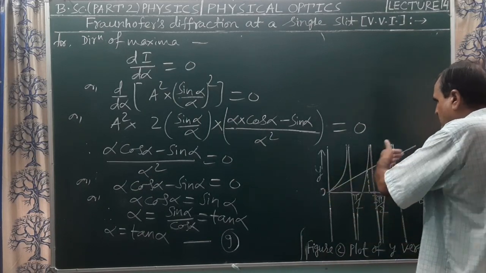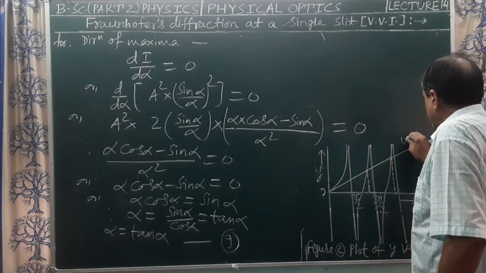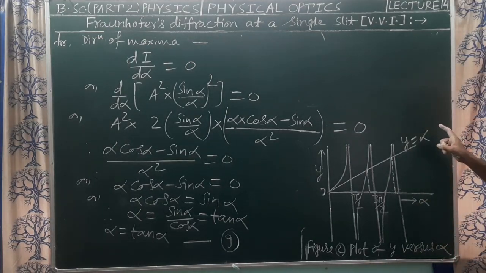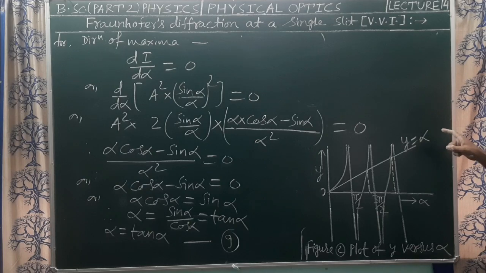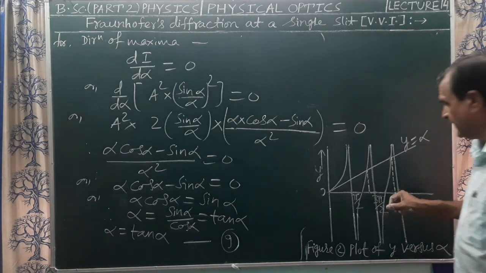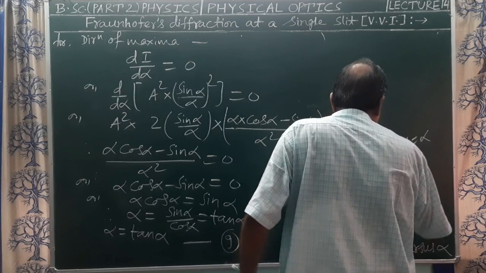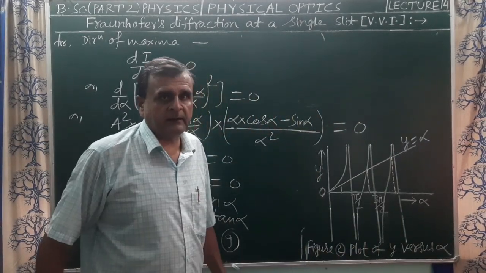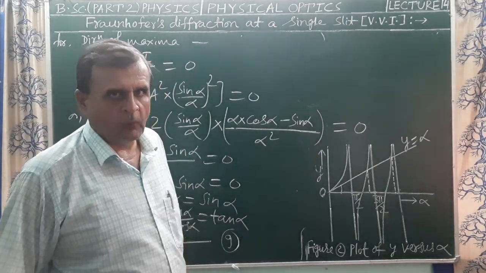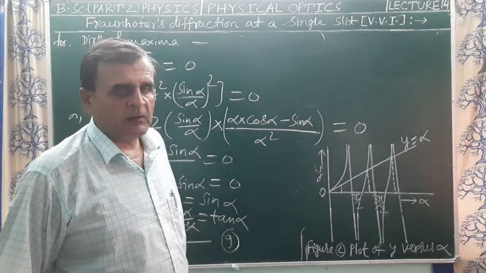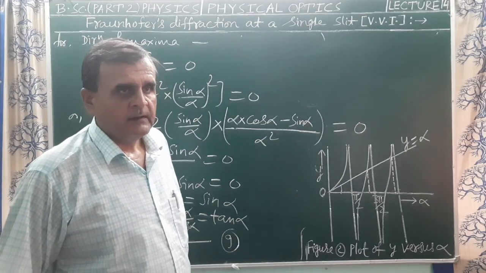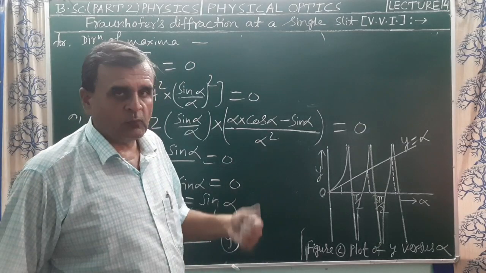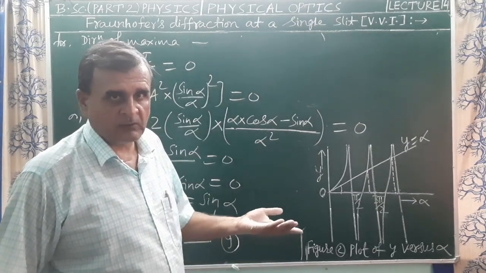One is a straight line, y equal to alpha, passing through the origin, having unit gradient, m equal to 1. If gradient m is equal to 1, m is tan theta, therefore theta will be 45 degrees. That is the slope of this straight line passing through the origin, having unit slope, that is m equal to tan theta, and if m is equal to 1, then tan theta is equal to 1, meaning theta is equal to 45 degrees.